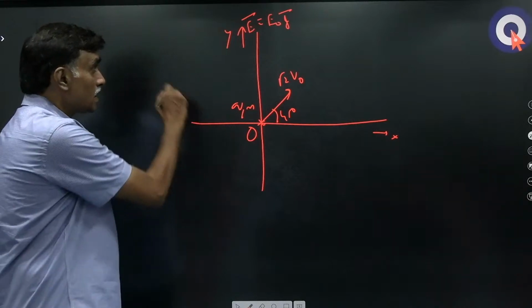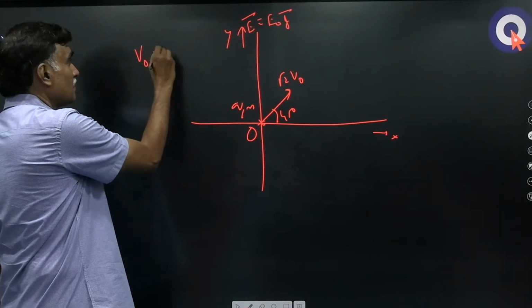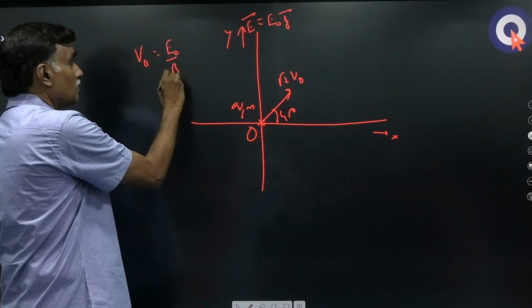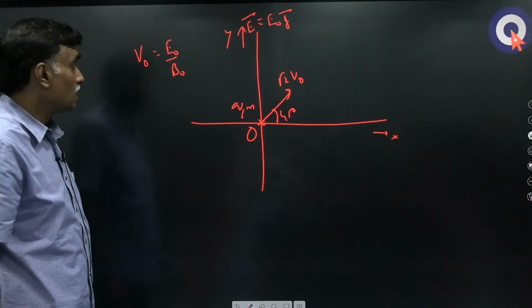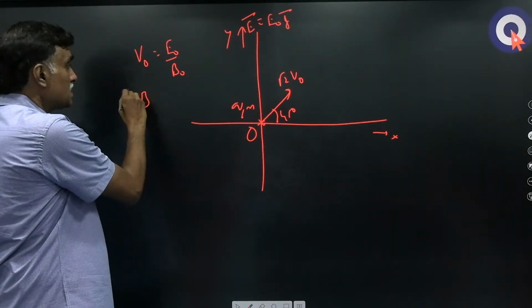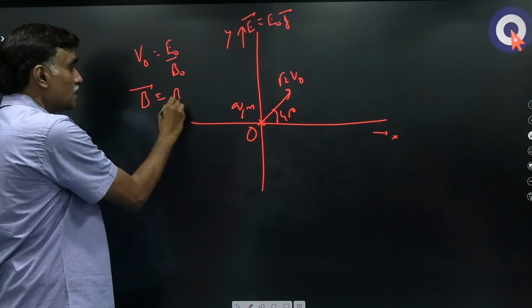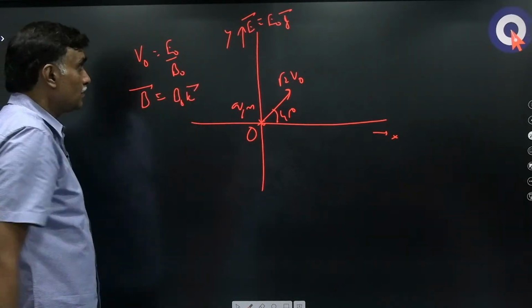Here v naught is E naught by B naught, and the magnetic field is given by B naught k bar.